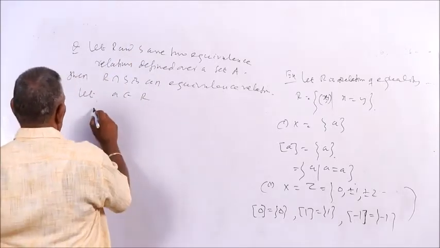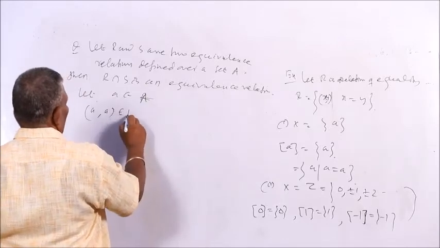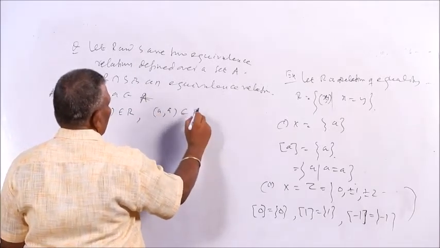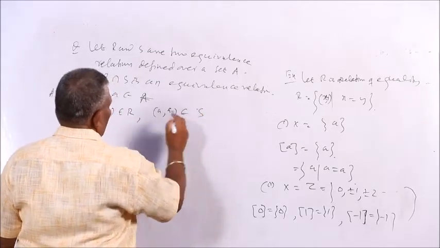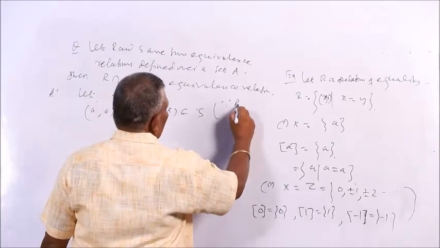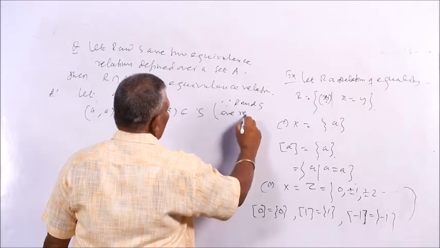So for a belonging to A, the ordered pair (a, a) belongs to R, and the ordered pair (a, a) belongs to S, since R and S are reflexive.